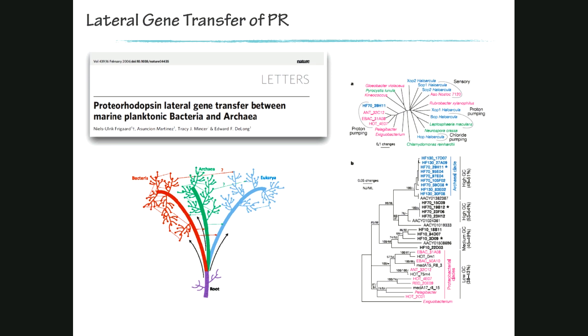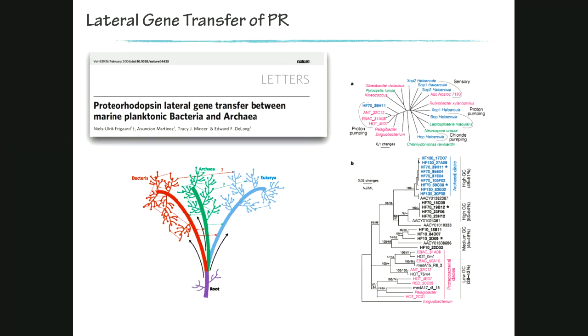And the genetic system for proteorhodopsin is quite simple. It has been transferred between multiple species through a process known as lateral gene transfer, which means that far apart taxa can exchange genes.